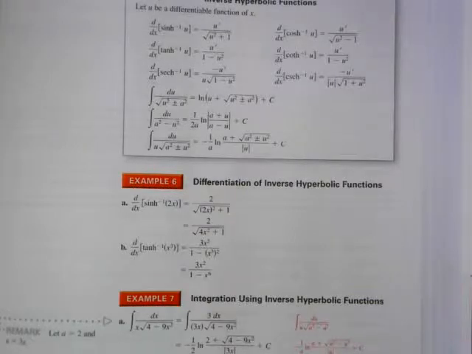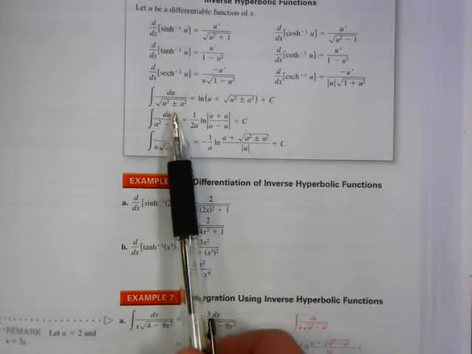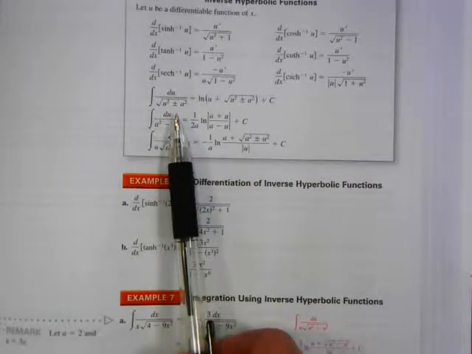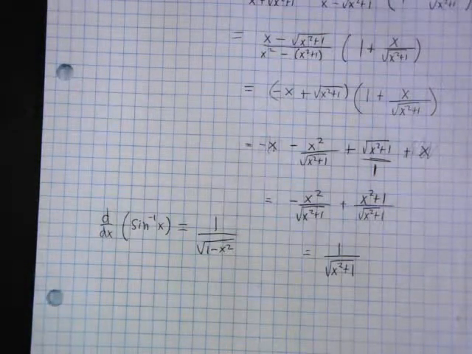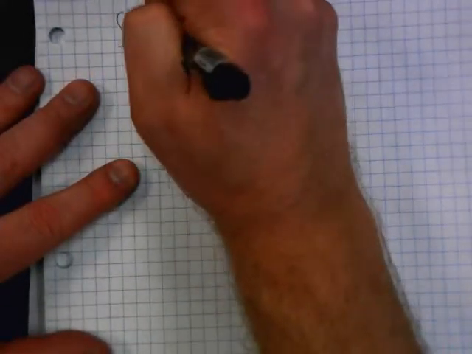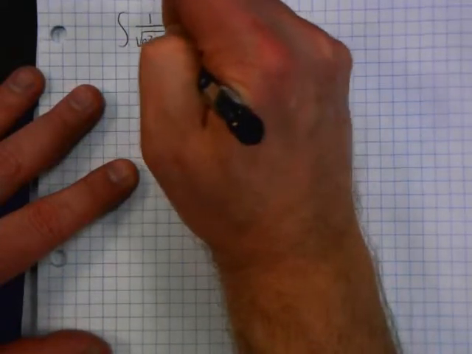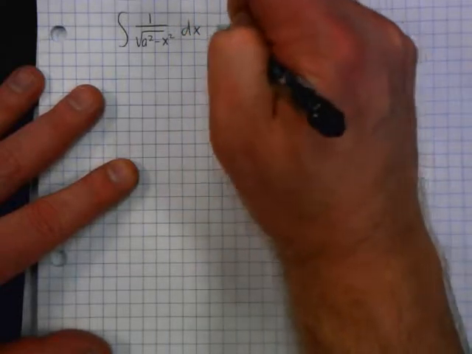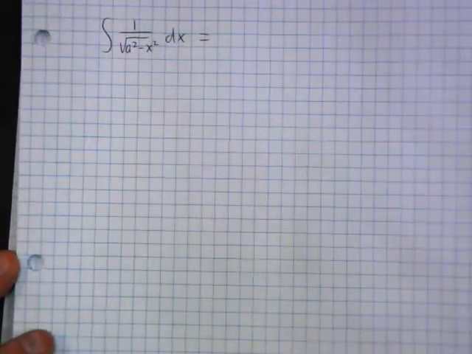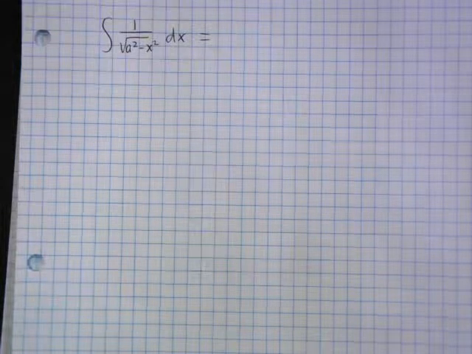Of course, as soon as you have derivative formulas, you go backward, you have integral formulas. And again, you might remember we had formulas very similar to this before. For example, we had a formula that said the integral of 1 over the square root of a squared minus x squared was, anybody remember what that formula was?